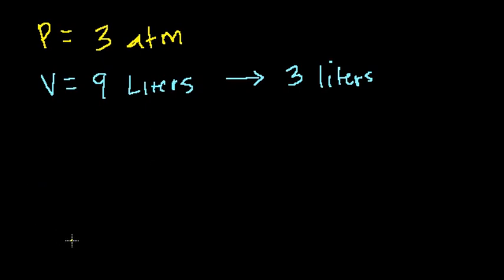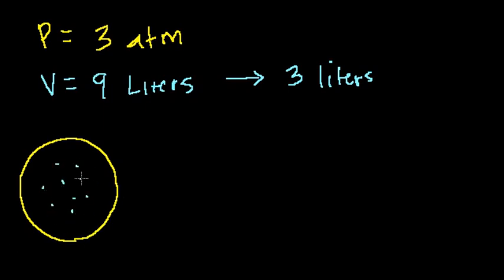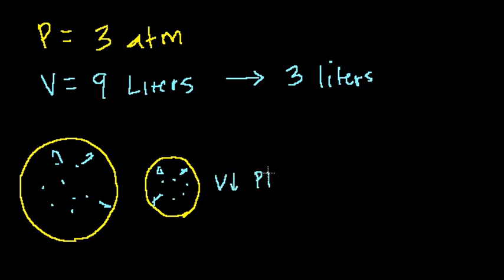In our very original intuition behind the ideal gas equation, we said, if we have a certain number of particles with a certain amount of kinetic energy, exerting a certain pressure on their container, and we were to make the container smaller, we have the same number of particles, n doesn't change, the average kinetic energy doesn't change, so they're just going to bump into the walls more. So when the volume goes down, the pressure should go up.